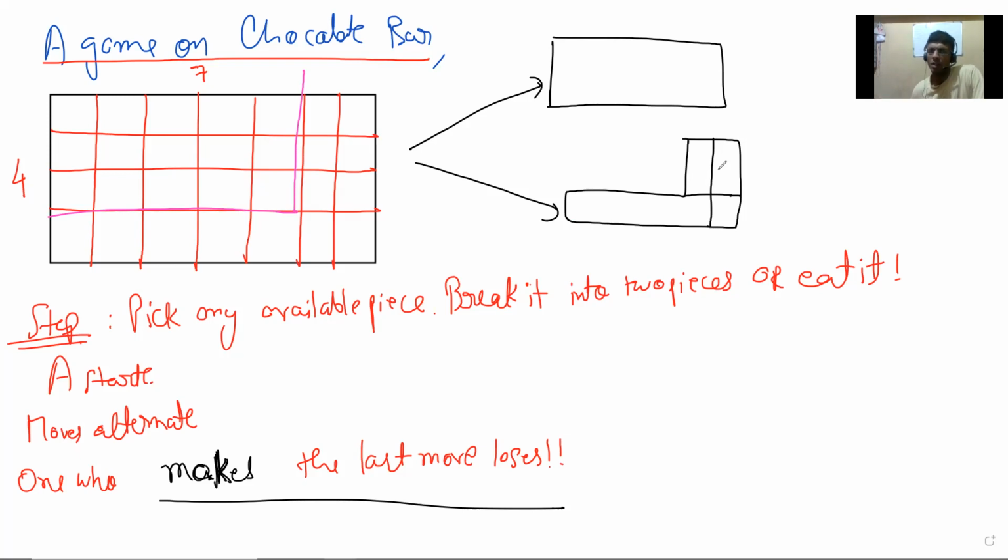Maybe they may not, for some strategy purpose, but a priori they can eat in the middle. But in every move you have to either eat or break. You cannot say I'm not going to make a move. That's not allowed. When your turn comes, you have to eat even if it's the last chocolate. Otherwise the game never ends. You cannot say I won't make a move. You have to either eat or break.